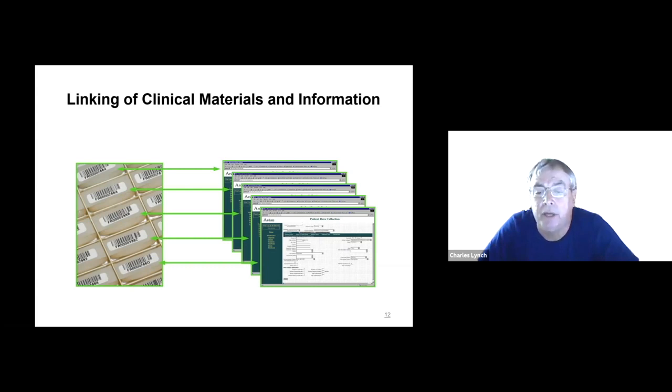At UIHC, you can link that information into EPIC, and you can gather information from EPIC to annotate what you have in the block. In the case of the registry, we annotate it to the clinical tumor patient survival information that we have in the registry and annotate the tissue blocks with that information.